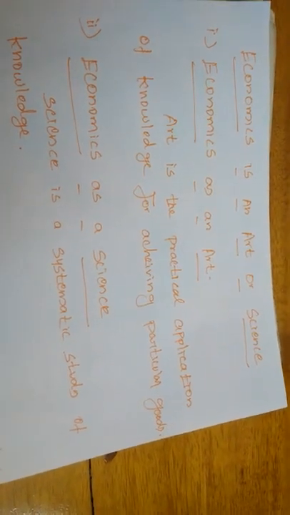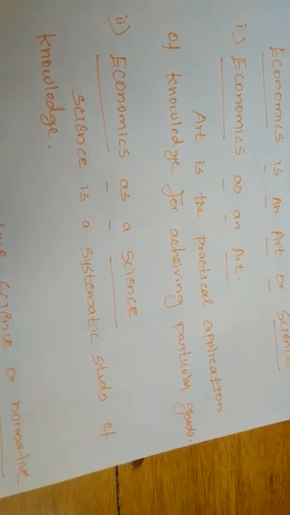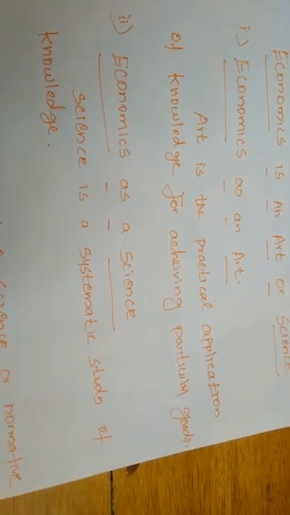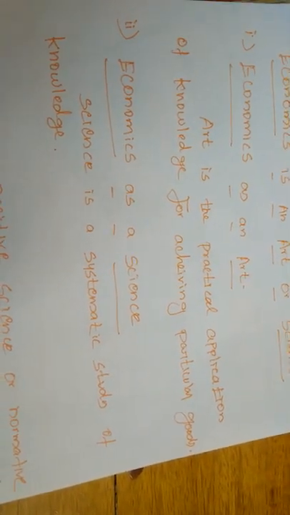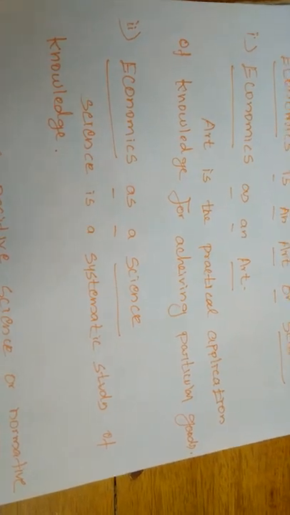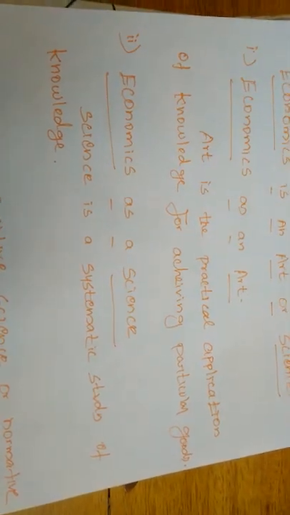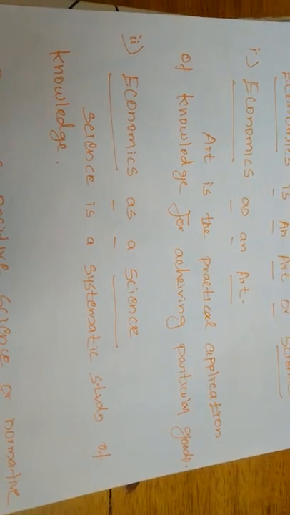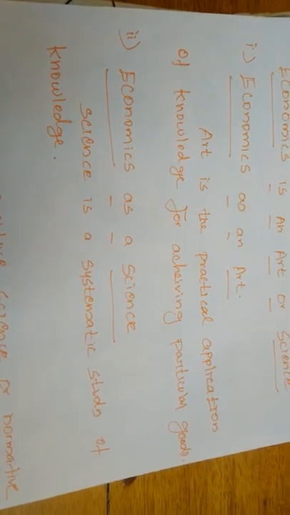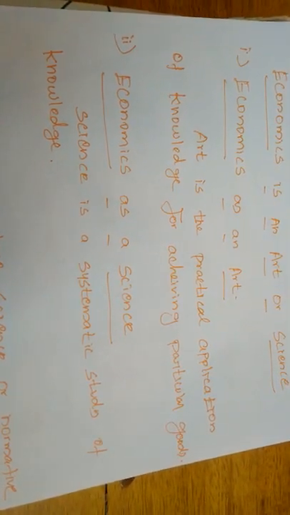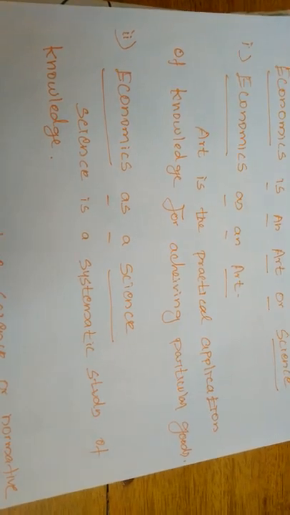Particular goals. For example, we undertake planning, the 5-year plan. Every 5 years the government draws up a 5-year plan.